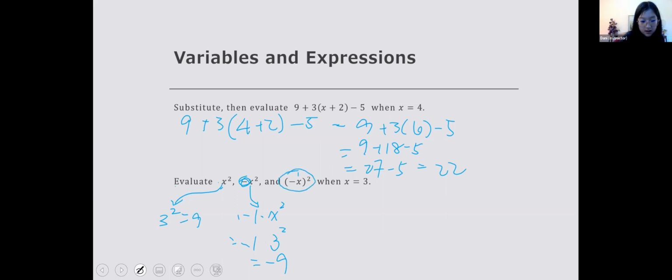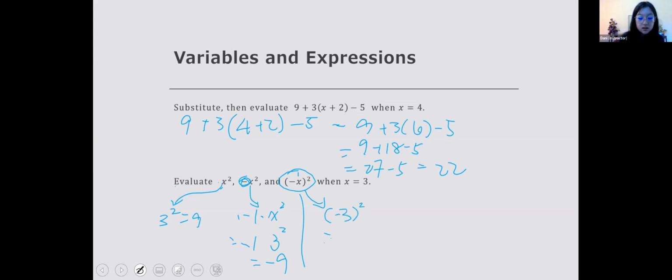But for this one, we see that the negative x is within the parentheses and the exponent is outside. So first we have negative 3 squared.